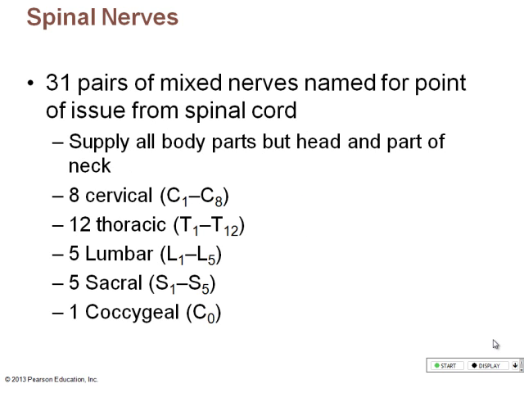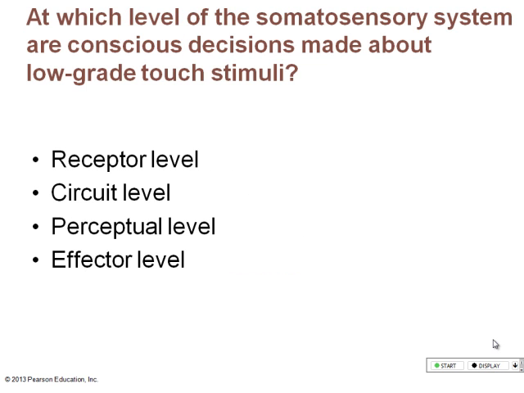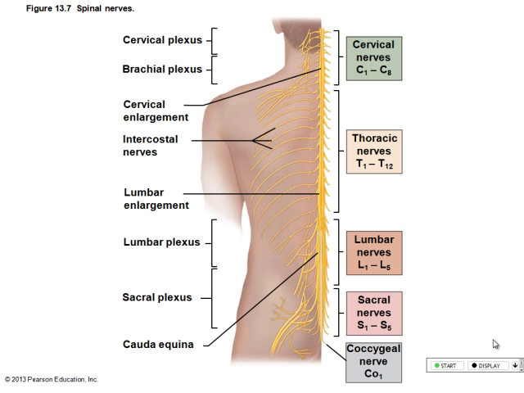So we can have sensory and motor axons or fibers in any given nerve group. 8 cervical, 12 thoracic, 5 lumbar, 5 sacral, and 1 coccygeal is what we have for spinal nerves. So we see them outlined here on page 508 in your textbook. And they're named for the vertebrae in which they enter.